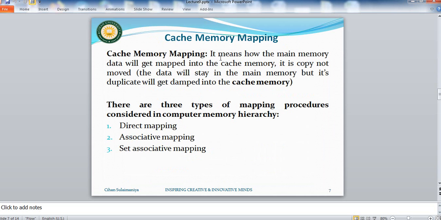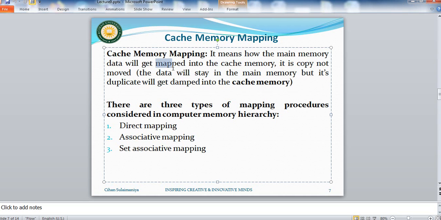Now we are going to go for cache memory. Cache memory is where the main memory data gets mapped into the cache memory. What do I mean by map? Actually, as I mentioned just a few minutes ago, the information is not going to be saved inside the memory.